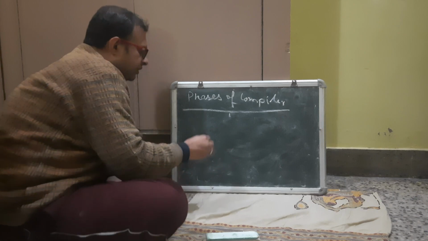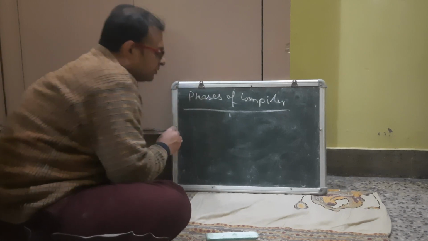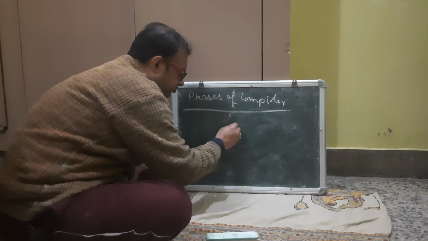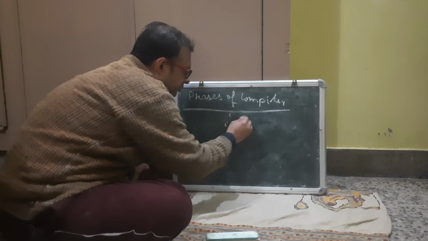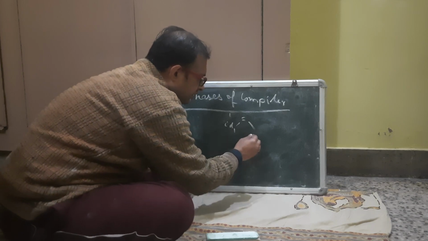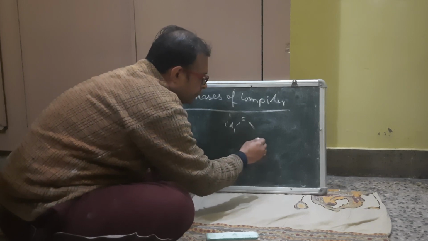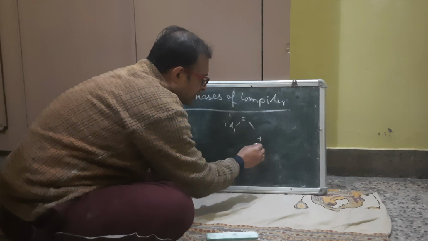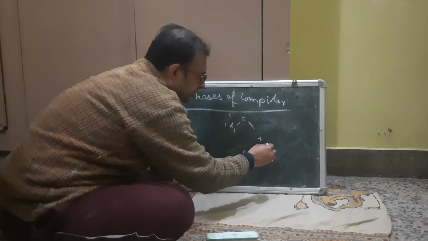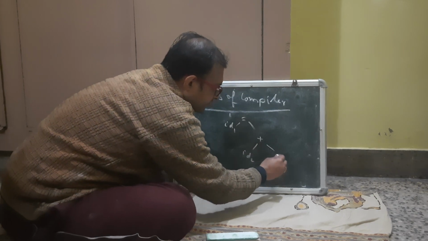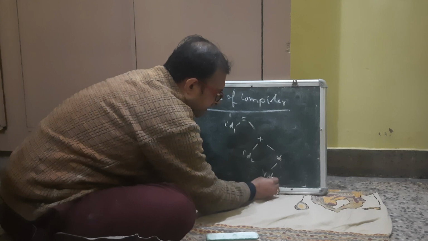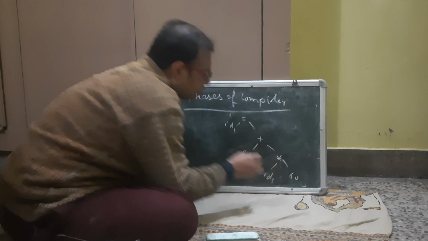Now, in the syntax analysis phase, the grammar that comes out is identifier 1 equal to identifier 2, that is initial, plus identifier 3, which is rate, star, and then 60, which is a constant.